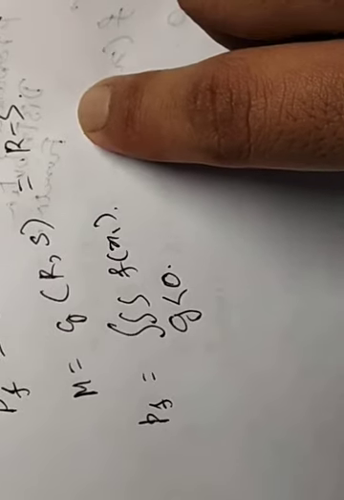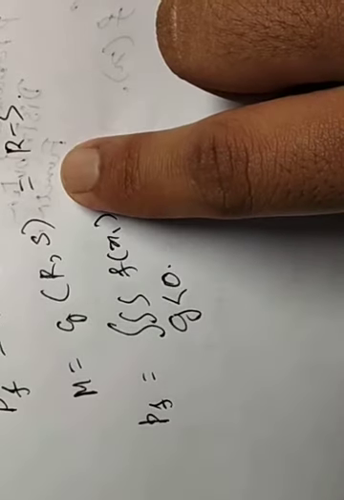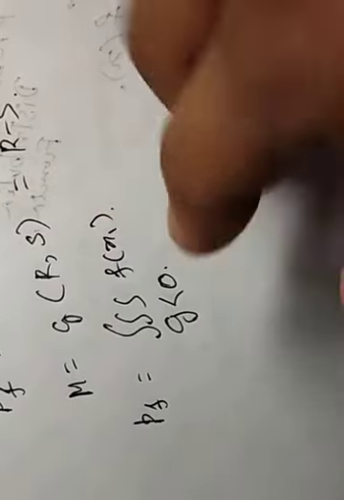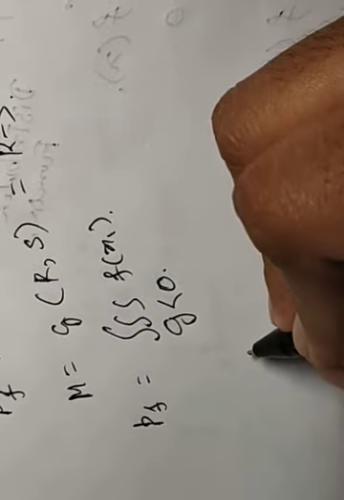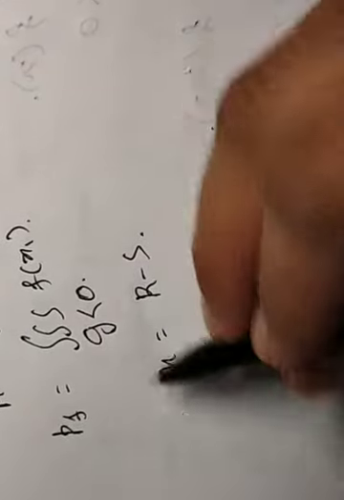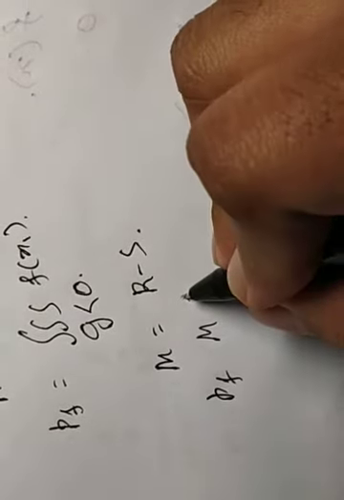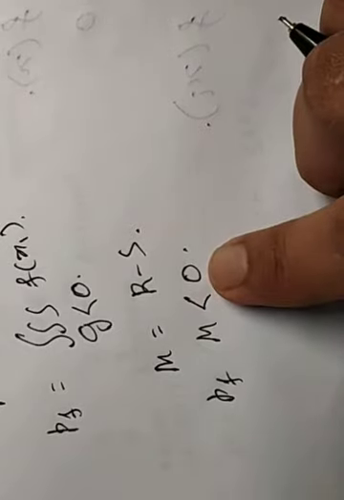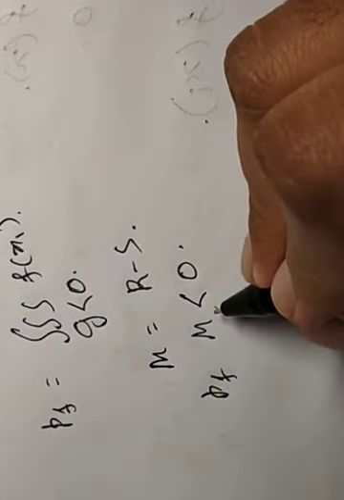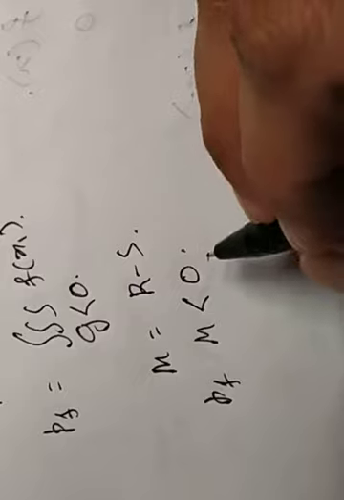In that scenario I have M as a function of R and S, and also G as a function of R and S. Since M equals R minus S, the probability of failure is as long as M is less than 0. Once M becomes greater than 0, there won't be any failure. There's going to be safety in that scenario.